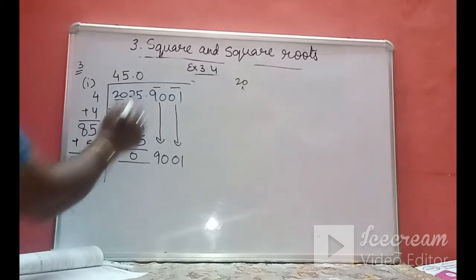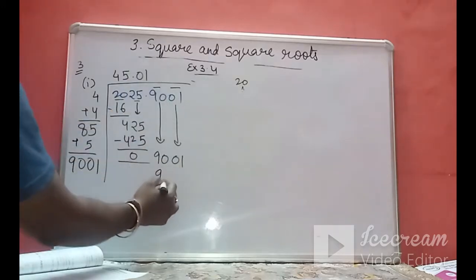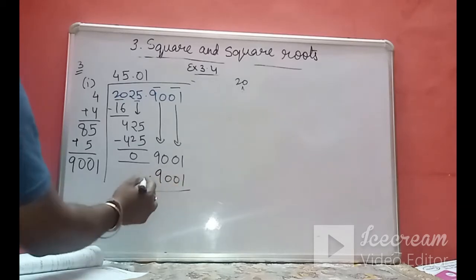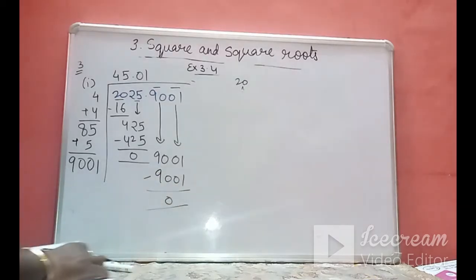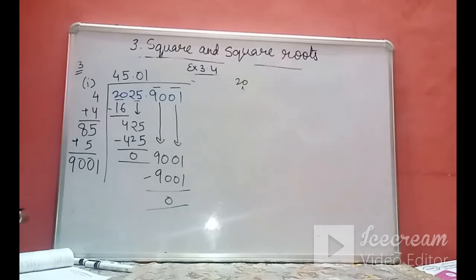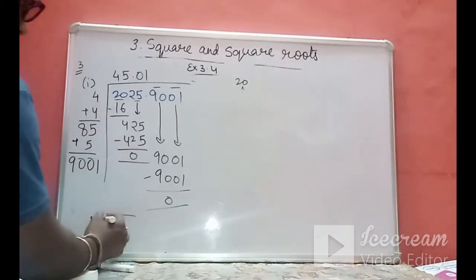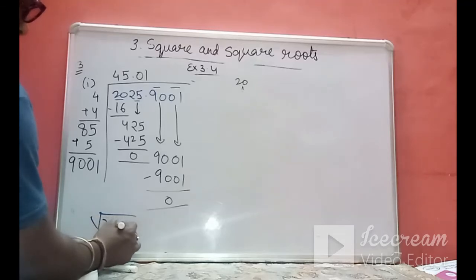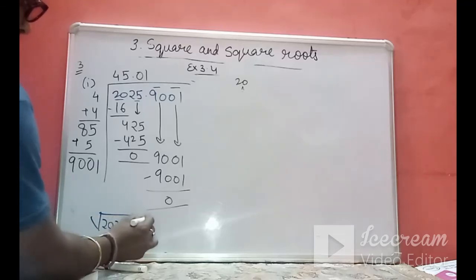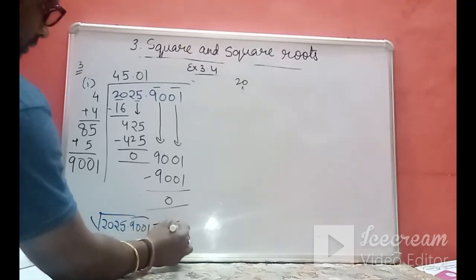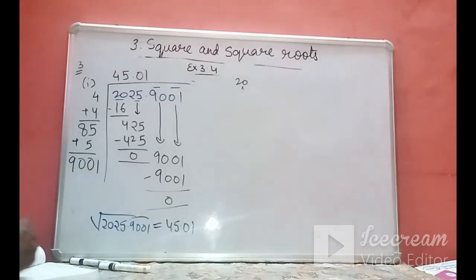If I put 1, it will give you 9001. You subtract, you will get 0. So we can say that the square root of 2025.9001 is 45.01.